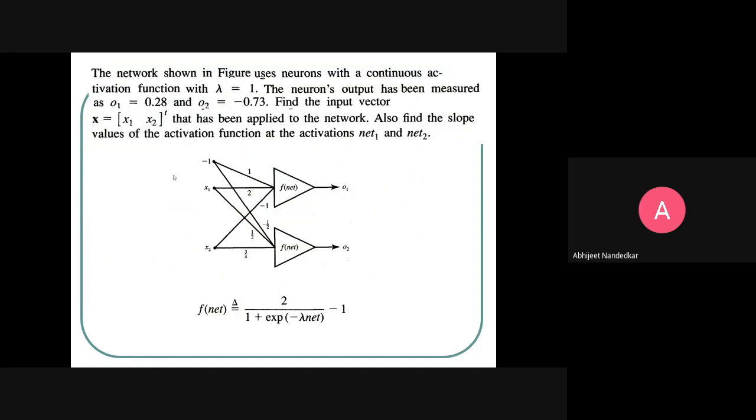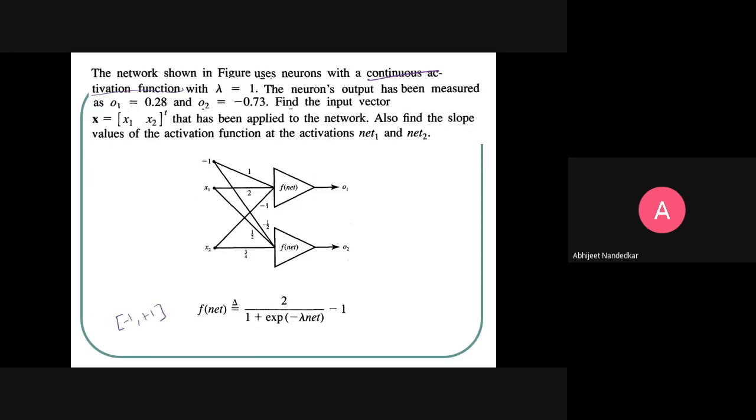Now the next problem is: the network shown in the figure uses neurons with a continuous activation function. The activation function here is continuous with lambda equal to 1. So it is talking about the sigmoid function, and it is given like this. This is bipolar, since we have output in the range -1 to +1.